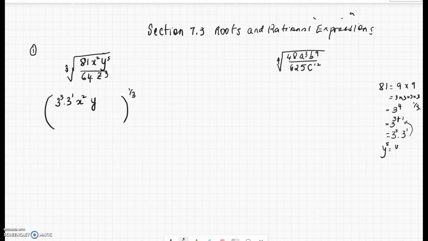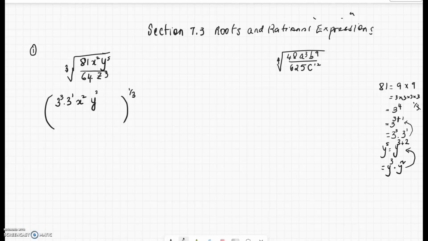I'm going to write it in terms of the highest multiple of 3 less than 5, so that is 3 plus 2 more. The reason why we're going to write this is because we're going to take the cube root eventually. So that is equal to y cubed times y squared. If you're confused, just go backwards and you'll see that y cubed times y squared is y to the 3 plus 2. So we're going in the opposite direction.